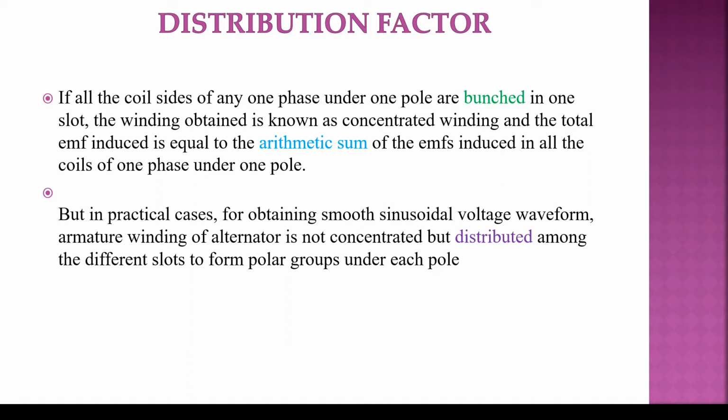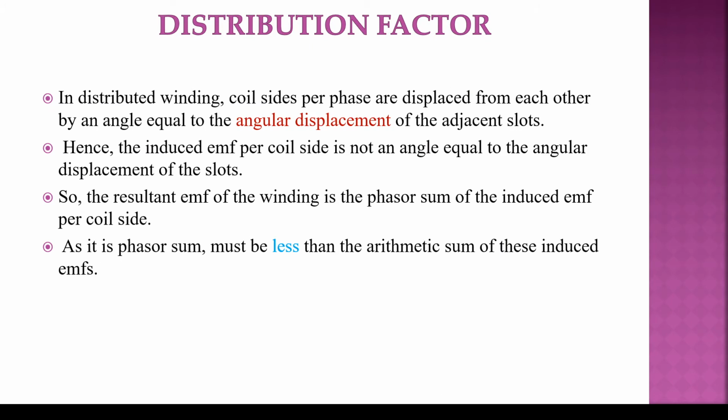But in practical cases, for obtaining a smooth sinusoidal voltage waveform, the armature winding is not connected in concentrated type, it is connected in distributed type. In a distributed winding, coil sides per phase are displaced from each other by an angle equal to the angular displacement of adjacent slots.